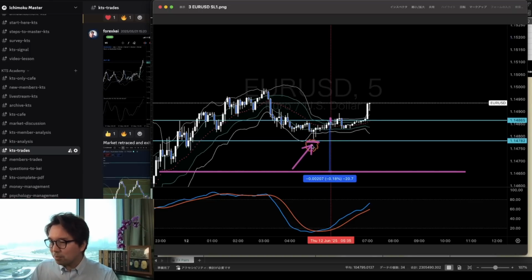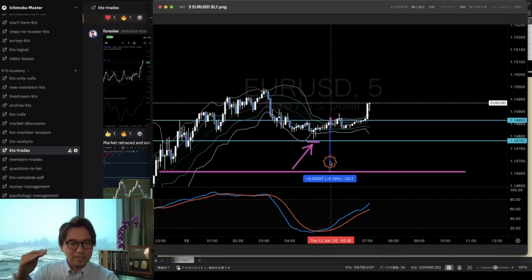So I move the stop loss actively this way until I move it above my position, which I call the break-even line. So after the entry, I don't sit and wait to see if the market goes. I actively move the stop loss to minimize the losses.